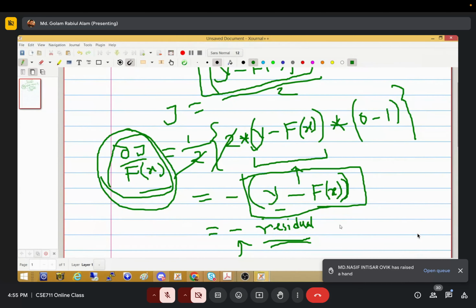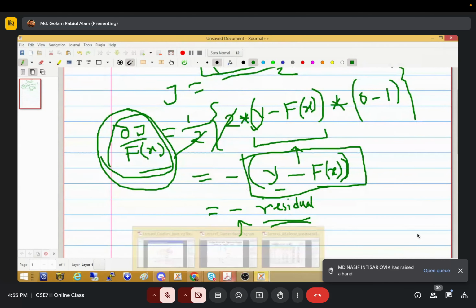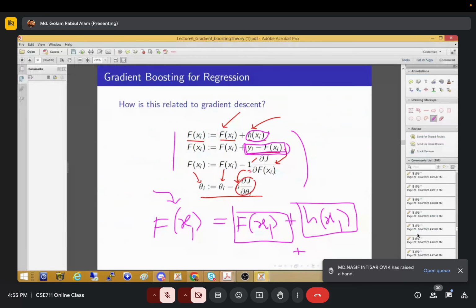So that is the gradient. So yi minus f of xi is actually the negative of our gradient with respect to the loss function J. But this time we assume that rho is 1.